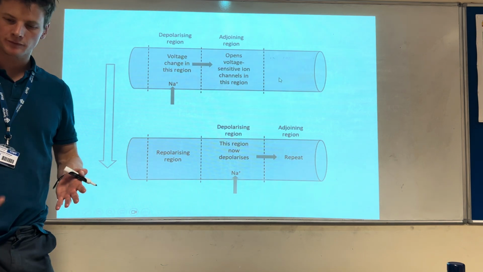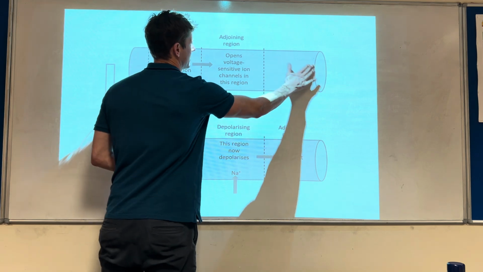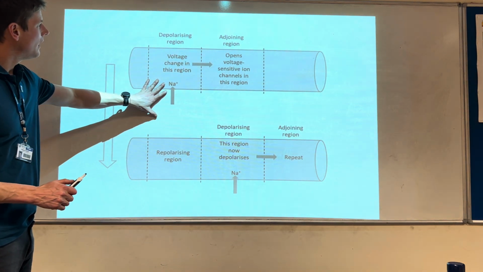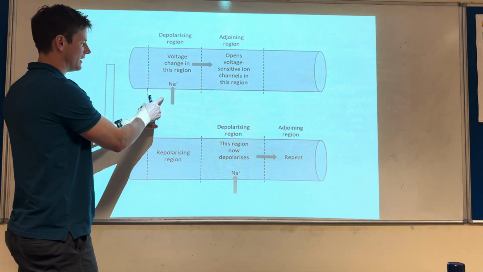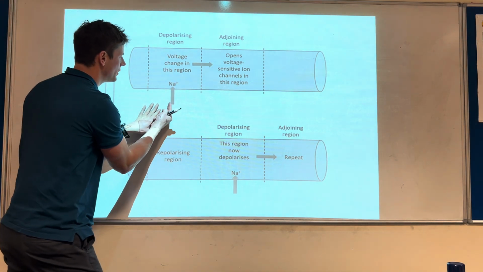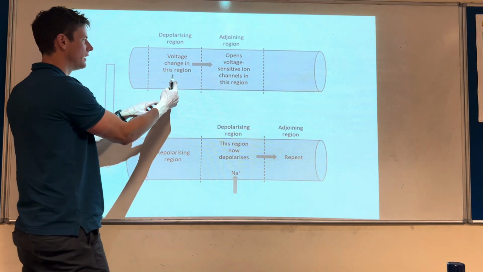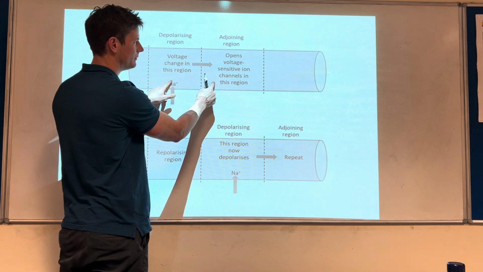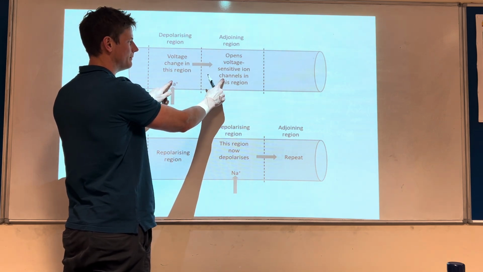Okay, so this diagram demonstrates it nicely. When one region becomes depolarized, so voltage-gated sodium ion channels have opened, sodium ions diffuse in. As they diffuse in, they will begin to diffuse down the axon to the adjoining region.